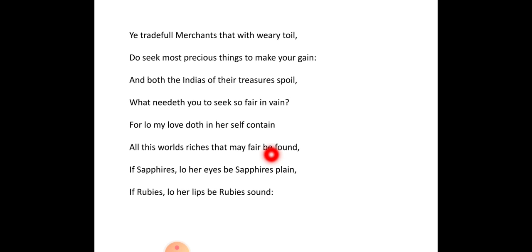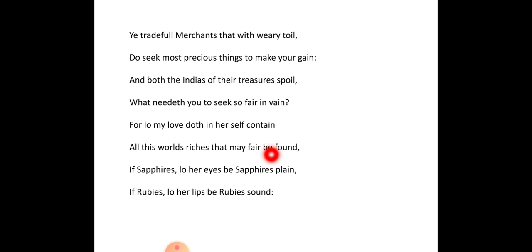So he says both the Indias, and this, for your knowledge, encompasses the entire commercial world, since the East Indies refer to more than just one country. So this is the first quatrain.